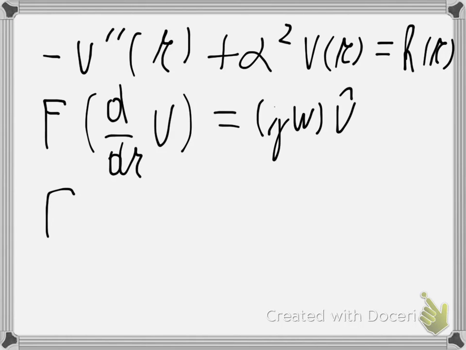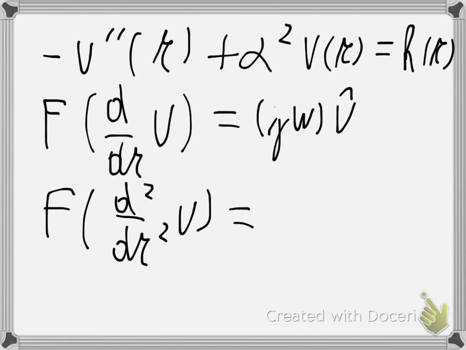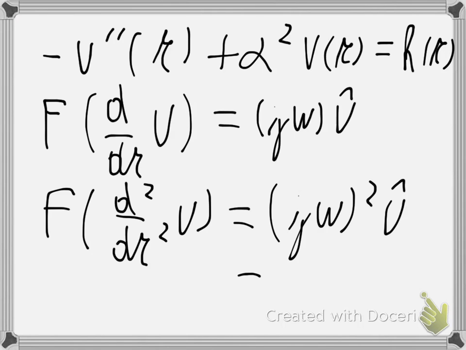If you take the second derivative, we will get j omega squared times the Fourier transformation of your function. j is the imaginary number, so it's the square root of -1. I use j, you can use i if you want. And so that will be equal to minus omega squared times u hat.